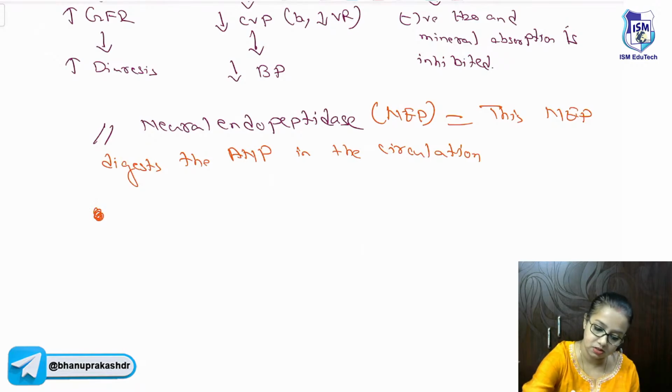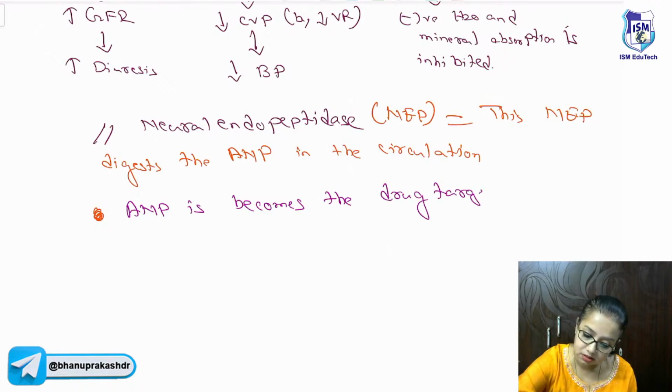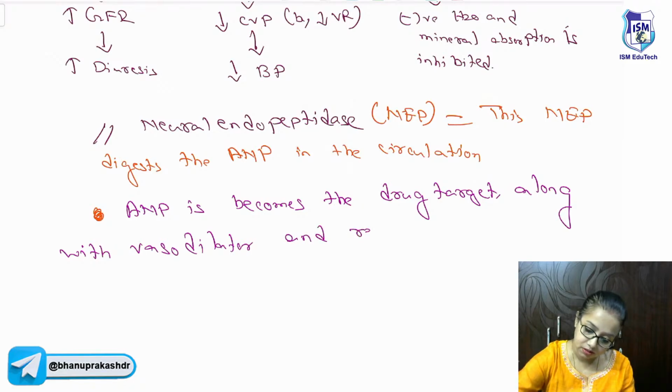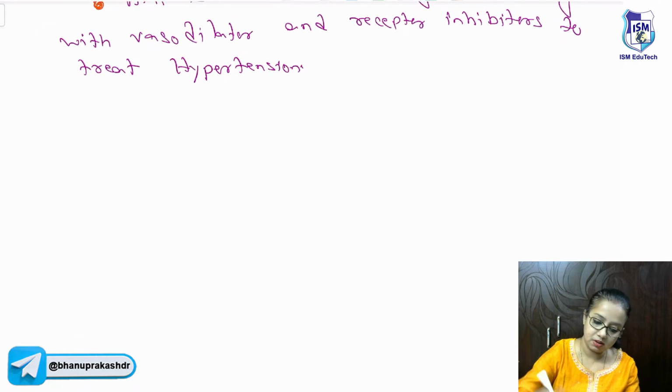Its importance is that ANP has become a drug target, along with vasodilators and receptor inhibitors, to treat hypertension. Okay, this is one molecule.